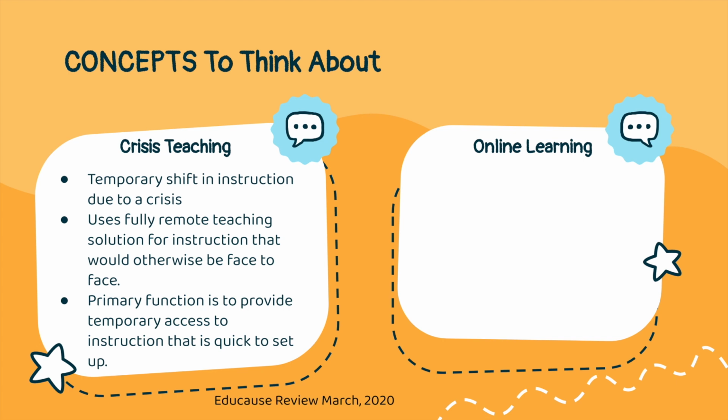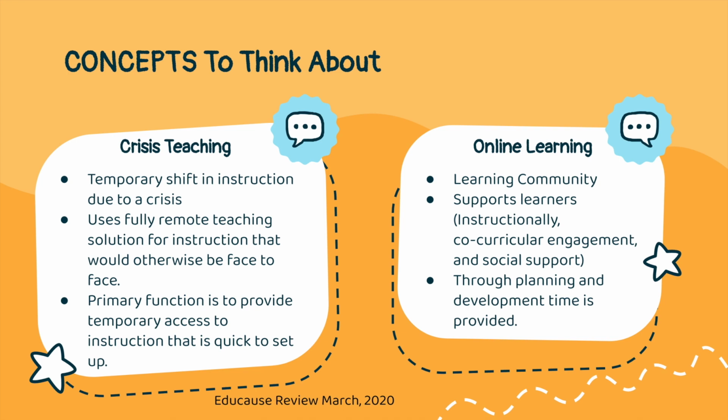But what is the difference between crisis learning and actual online or remote learning? Online learning is actually creating a community of learners. Within this community, there are supports, not just instructional, but co-curricular and social.